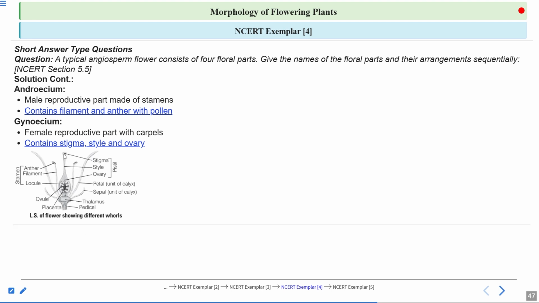This is the stigma part, and there is a stalk-like structure called style, and the lower basal part is called ovary. Inside the ovary, many ovules are present, right? So these three parts, stigma, style and ovary, make the female reproductive organ called carpel, right?